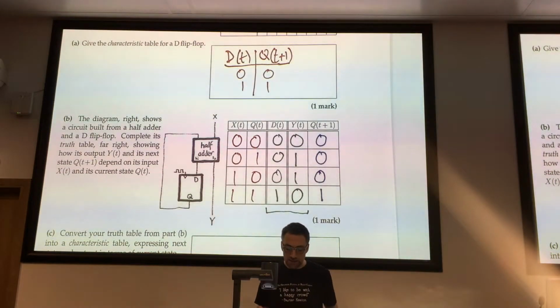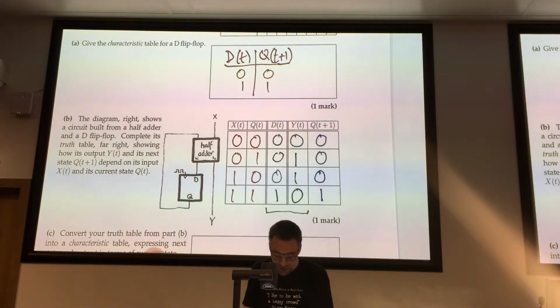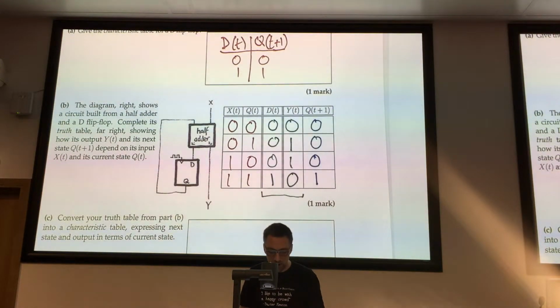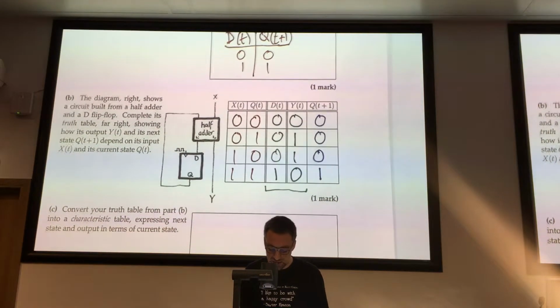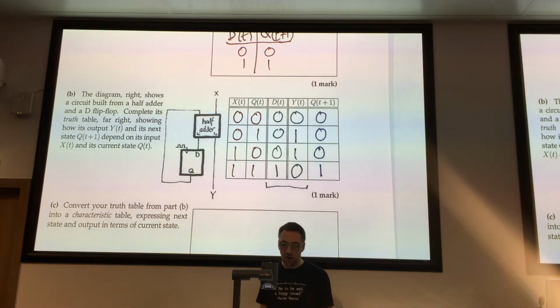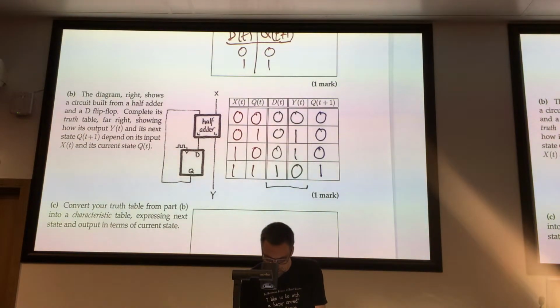Okay, next we are asked to convert the truth table from part B into a characteristic table, expressing next state and output in terms of current state. Okay, so how do you do that? You take the truth table 2 rows at a time.